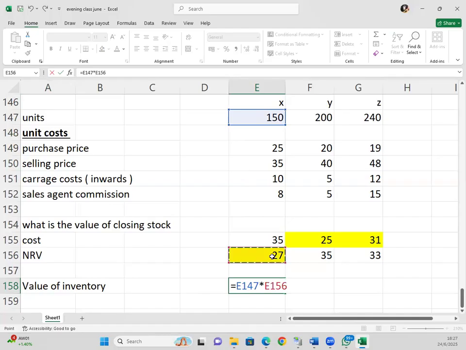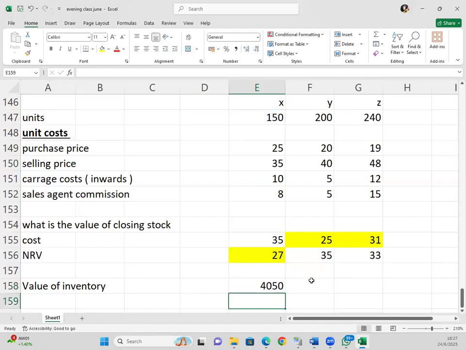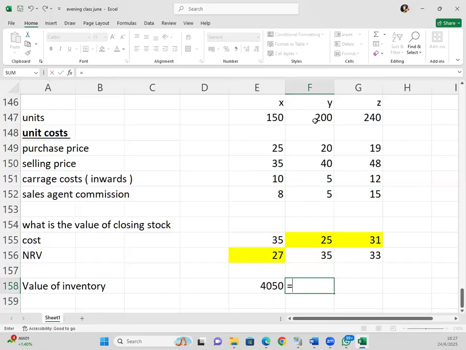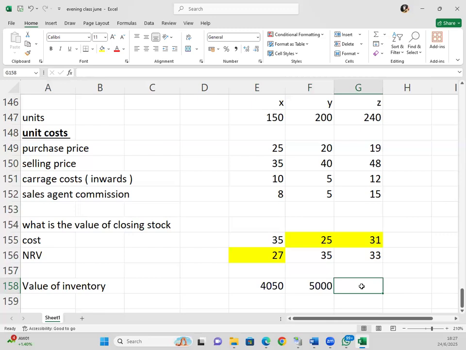So you multiply. We take the lower of the two. We come here, we have 200 units in inventory, but we value them at the lower of cost and net realizable value, which is 25. We come here, we have 240 units, but we value them at the lower of cost and net realizable value, which is 31.